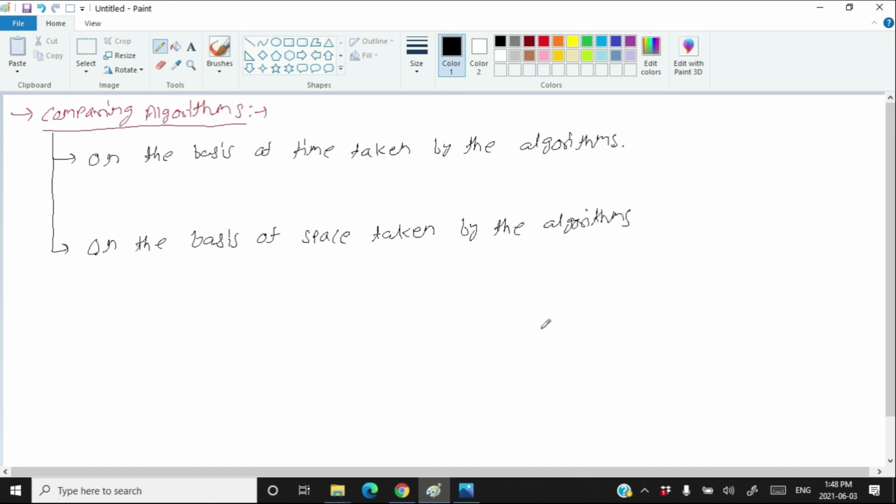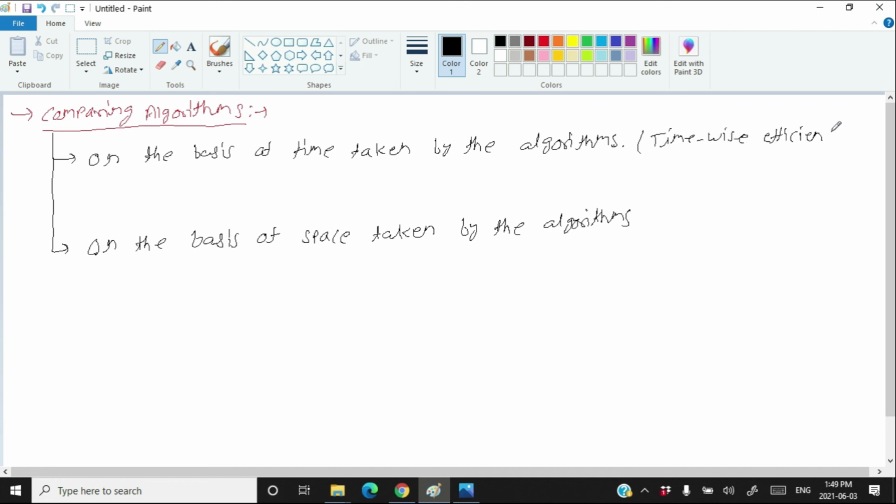Space means memory space: how many MB it is taking for execution, how much time it is taking for execution. This one is called time-wise efficiency, meaning how much time the algorithm takes to complete.